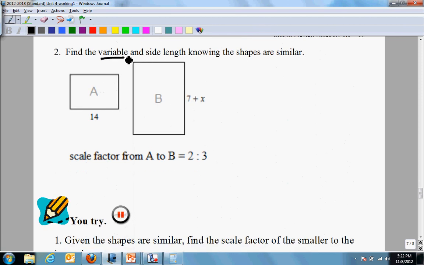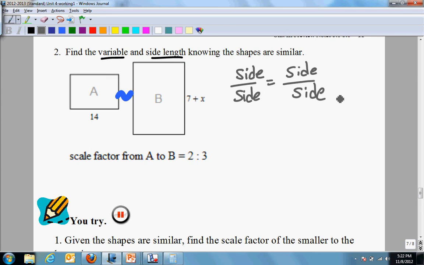It says find the variable in side length knowing the shapes are similar. So here the shapes we're told are similar, which means we can do this. Side over side equals side over side. Now look very carefully. We're given a scale factor from A to B. So we're going to first establish that we're going this direction, A to B. Draw a little arrow there.